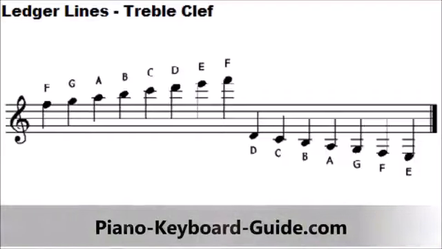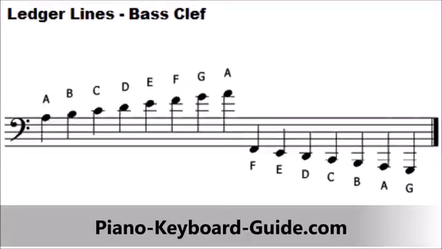Ledger lines: A, B, C, D, E, F. C, B, A, G, F, E. C, D, E, F, G, A. E, D, C, B, A, G.